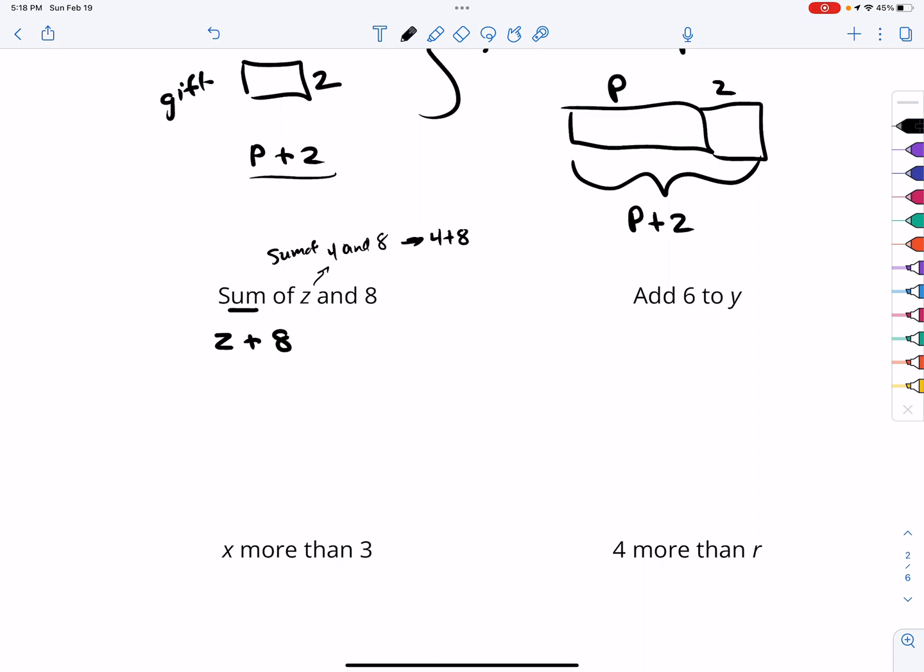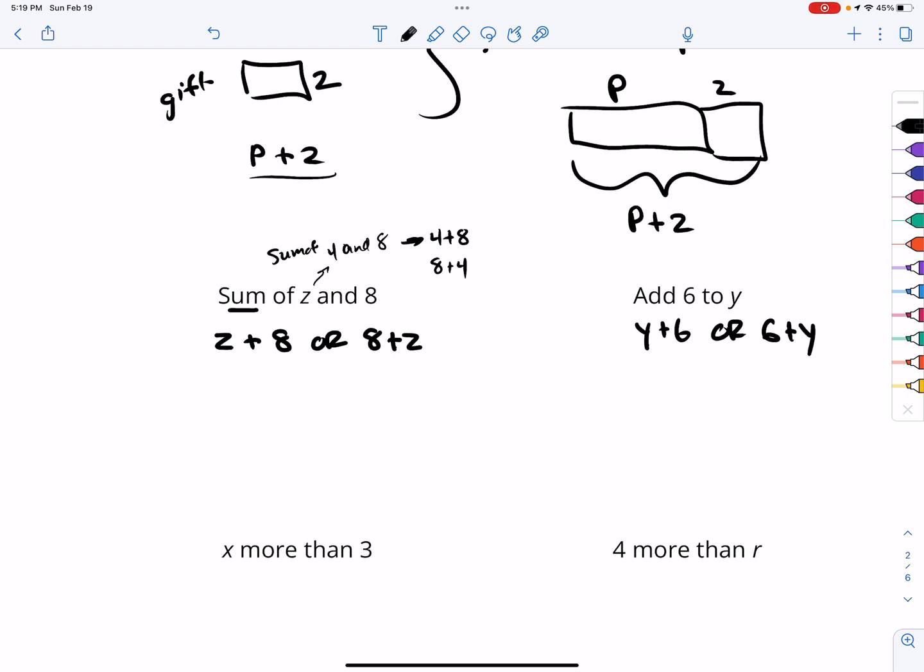And this becomes really important when we get to subtraction, because you know 4 plus 8 is the same value as 8 plus 4. So the sum of z and 8 can be written both ways. Same thing with adding 6 to y: y plus 6, or 6 plus y.